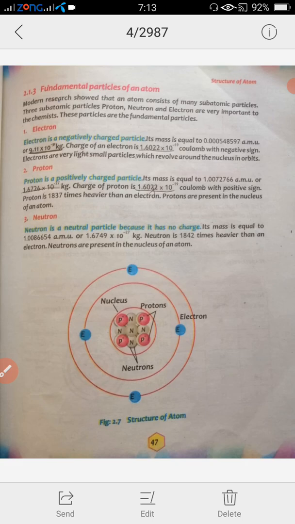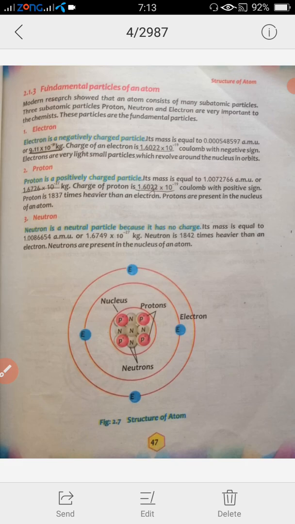So students, the number of electrons is equal to the number of protons. By being present in equal number, they cancel the effect of each other.